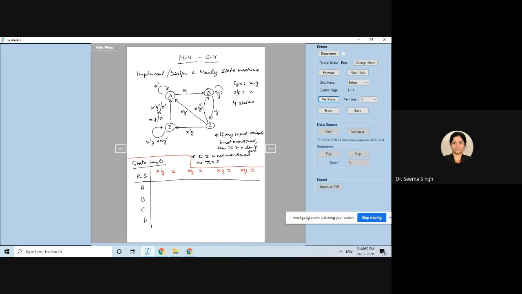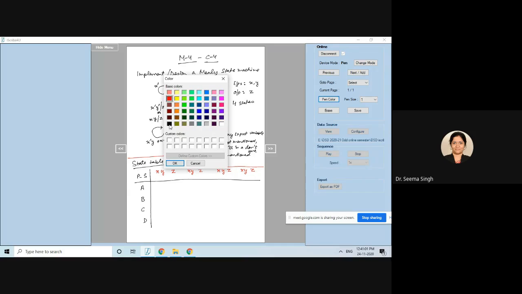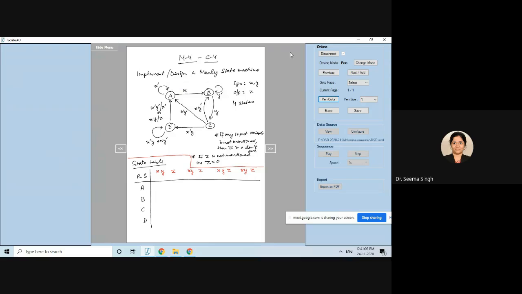Now let me show you how to make it. The first possibility is when X and Y are 0 and 0. Second possibility is when X and Y are 0 and 1. In the same way, third is 1 and 1 and fourth is 1 and 0. These are the four possibilities which can happen.